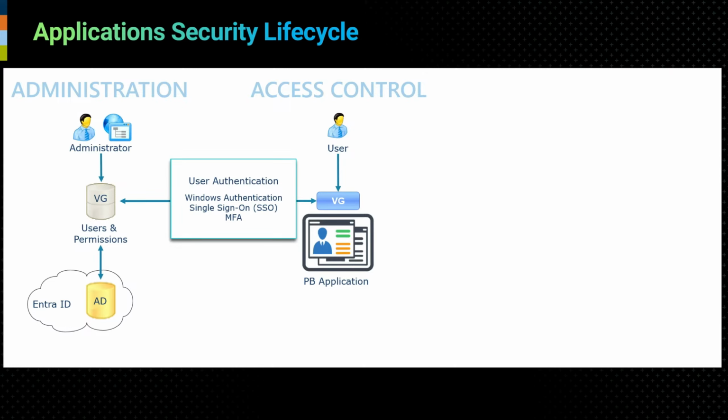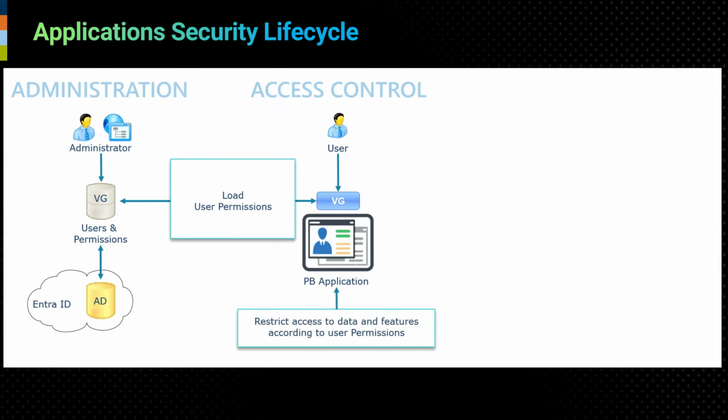Anyway, the Visual Guard component runtime embedded in your application will manage the user authentication. If the user has the right to access the application, it will retrieve the user permissions and pass them on to the application, which will restrict access to functionalities and data as usual.